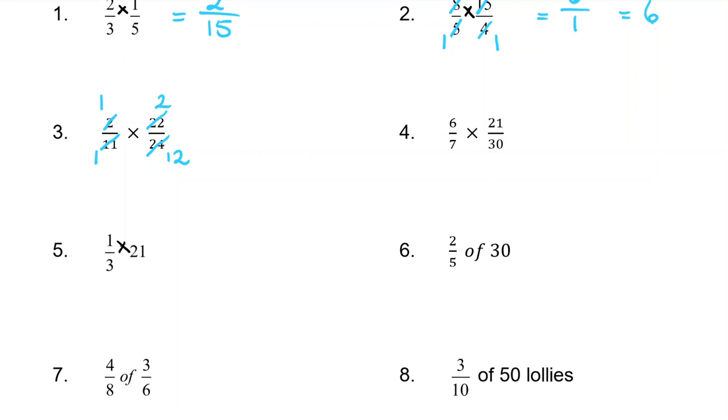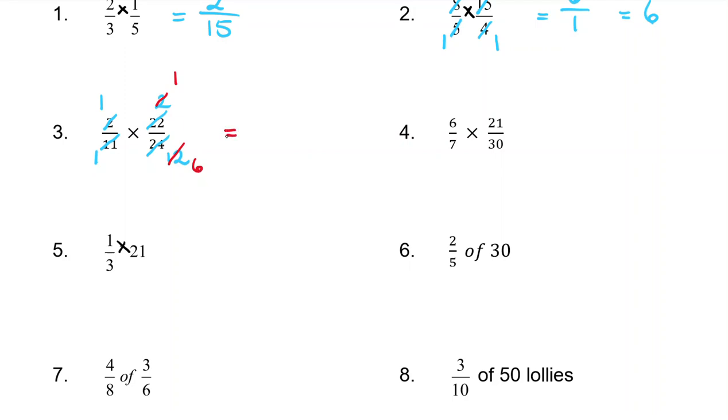I can divide by 2. So I'm going to use a different color to do a second set of cancelling. Dividing by 2 gives a 1 and a 6. So that it is completely simplified down.